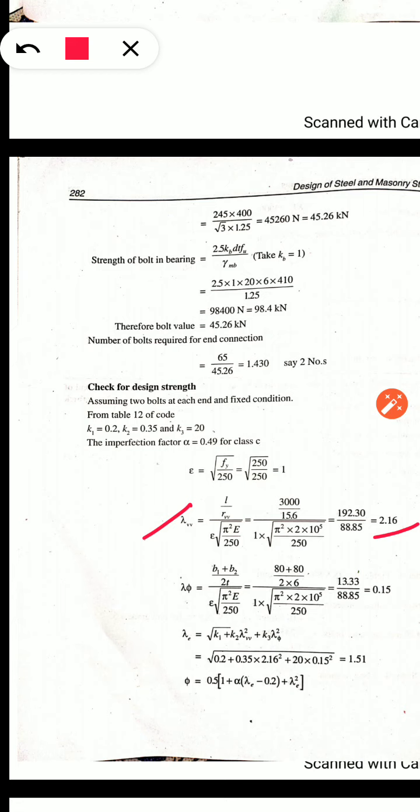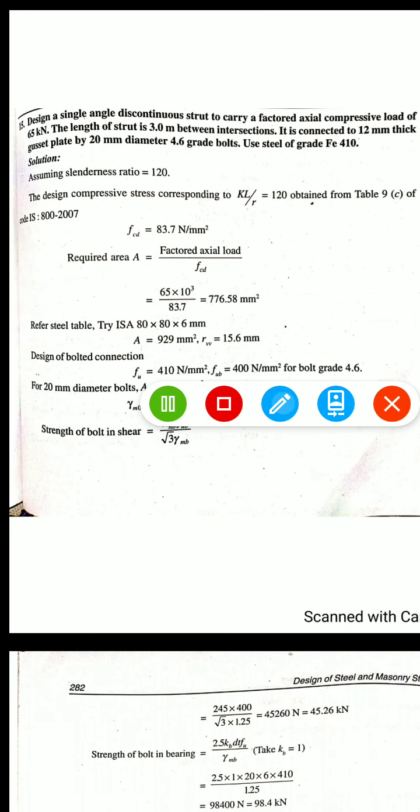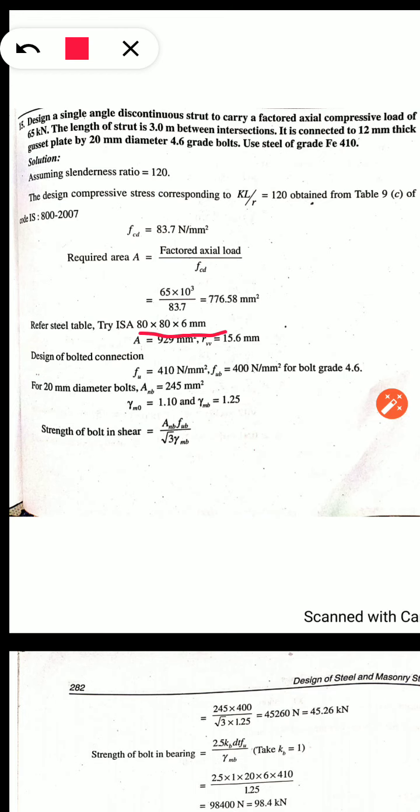Next thing is to find lambda phi: B1 plus B2 divided by 2t, divided by epsilon into square root of pi square E by 250. B1 and B2 are the leg sizes of the angle section. We have assumed 80 into 80 into 6 mm, so the section becomes B1 into B2 into t.